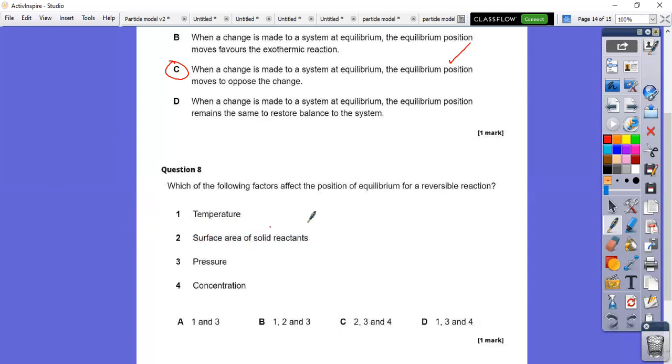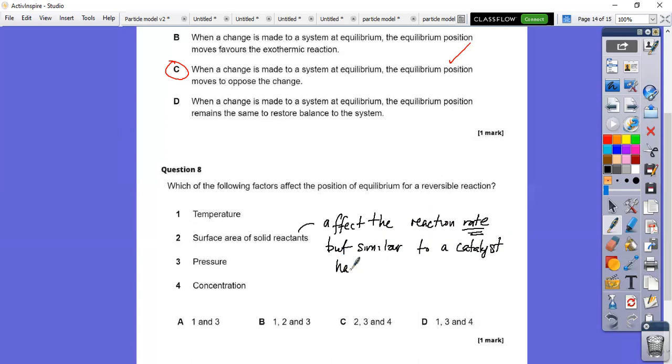So in other words, this one here will affect the reaction rate, but similar to a catalyst, has no effect on the equilibrium position.